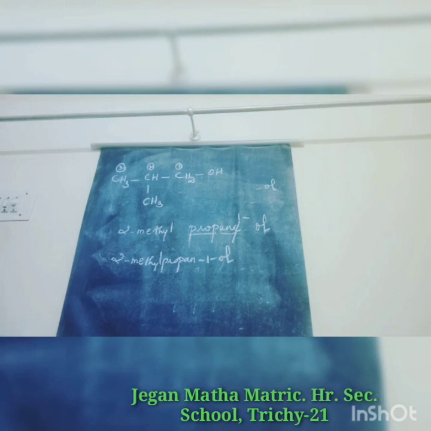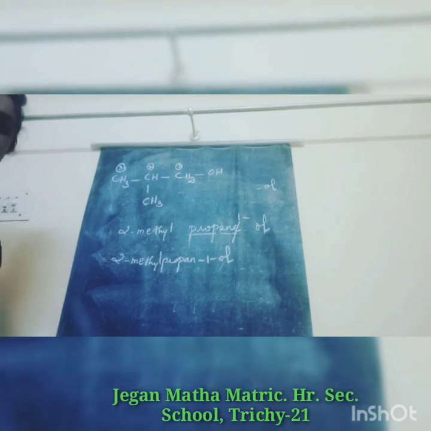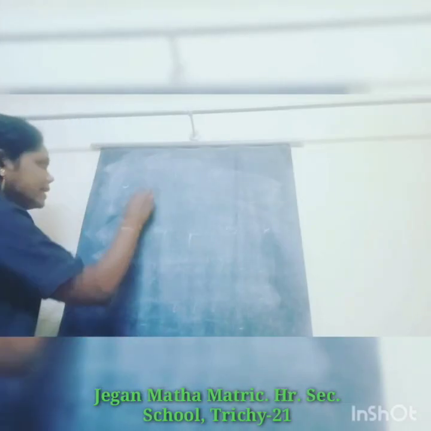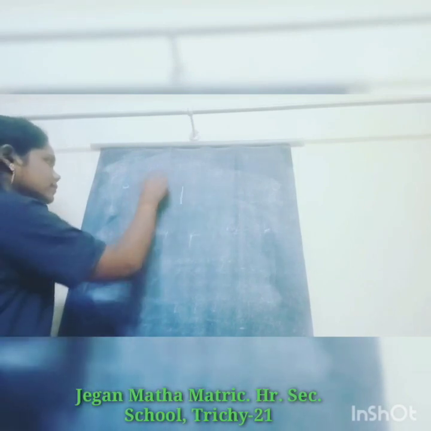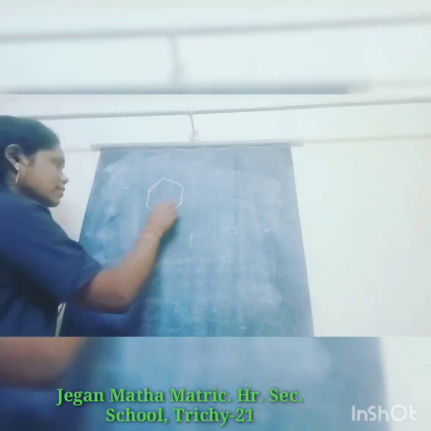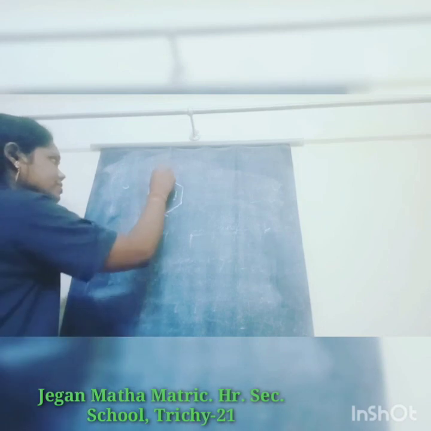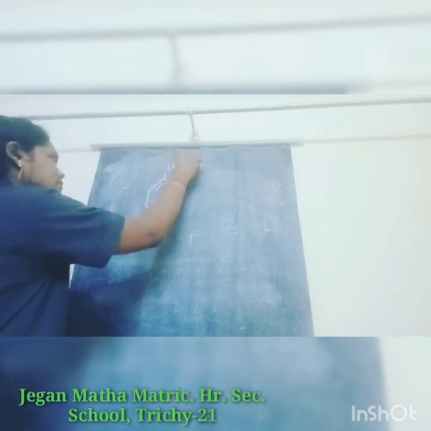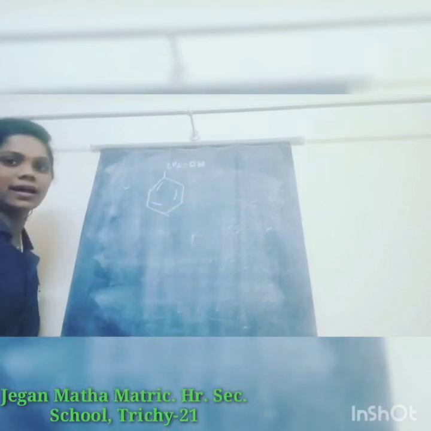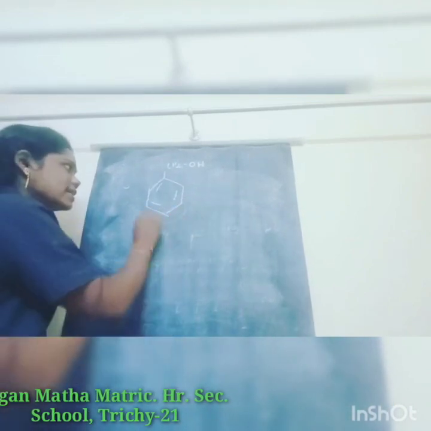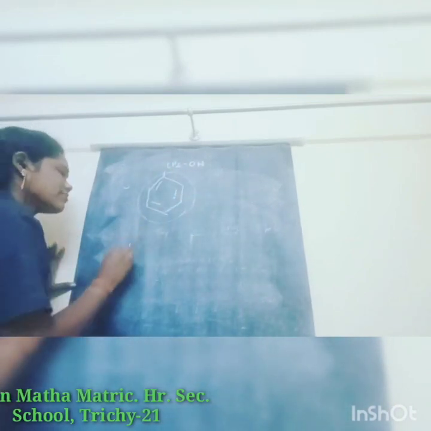Okay, and then see the next one: benzyl alcohol. The benzyl alcohol formula is on a benzene structure, so this is the benzene structure. Here CH2OH present means that is benzyl alcohol. The benzene structure name as a substituent is the phenyl group.